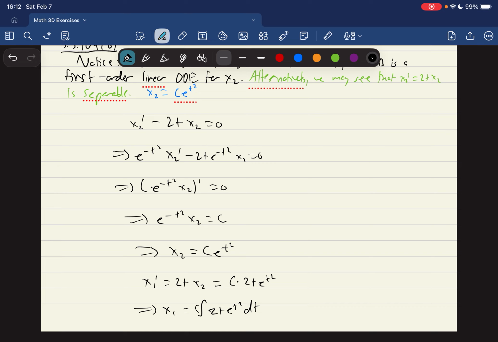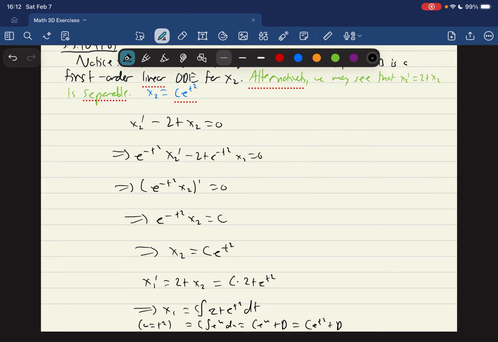And if we do a u sub, u is equal to t squared, we get c integral e to the u du, which is c e to the u, which is c e to the t squared, oh, and I forgot, there's another constant, plus d. So this is c e to the t squared plus d.